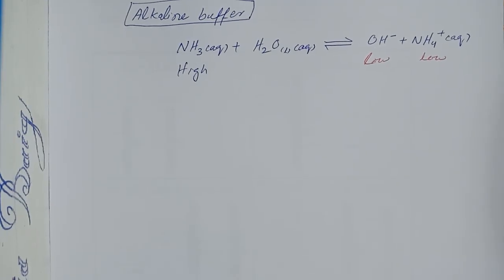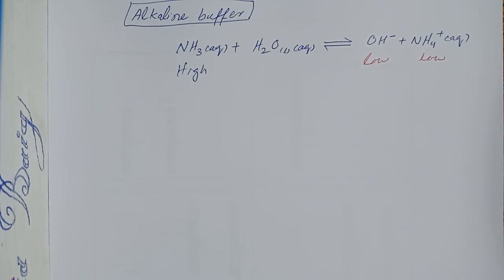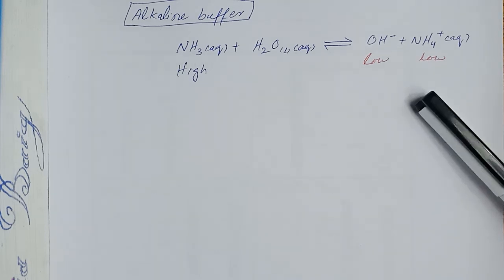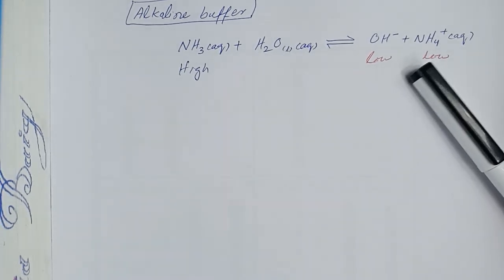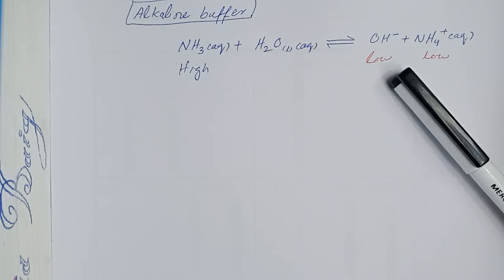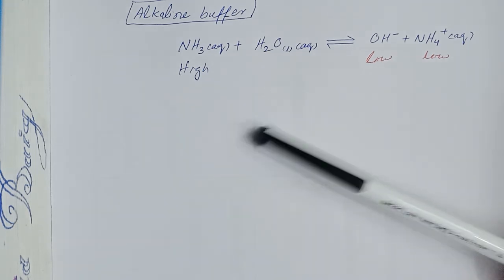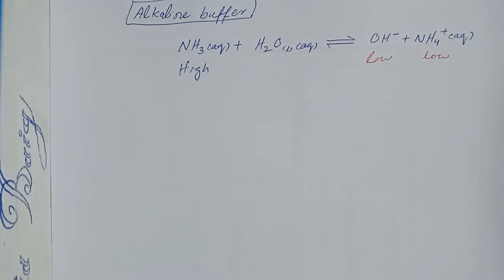Similarly, for the formation of alkaline buffer, we need a weak base that must not be completely dissociated into its ionic species, generating a low concentration of the hydroxyl ion and high concentration of the undissociated form. So to make a buffer solution that is alkaline buffer, we need two things.